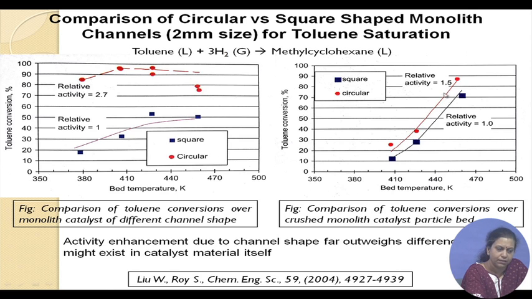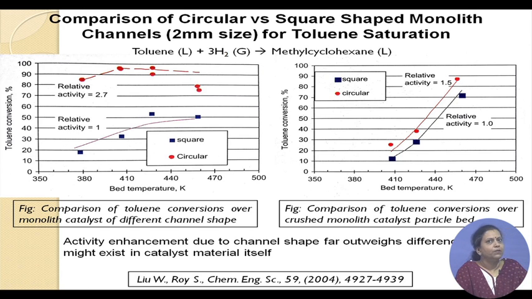Now, when they tested the activity with the crushed catalyst, they found that in this case also the circular monolith reactor had a slightly increased activity as compared to the square monolith reactor, but the relative activity in this particular case was just 1.5. Whereas, when the shapes were retained, the increased activity was 2.7.